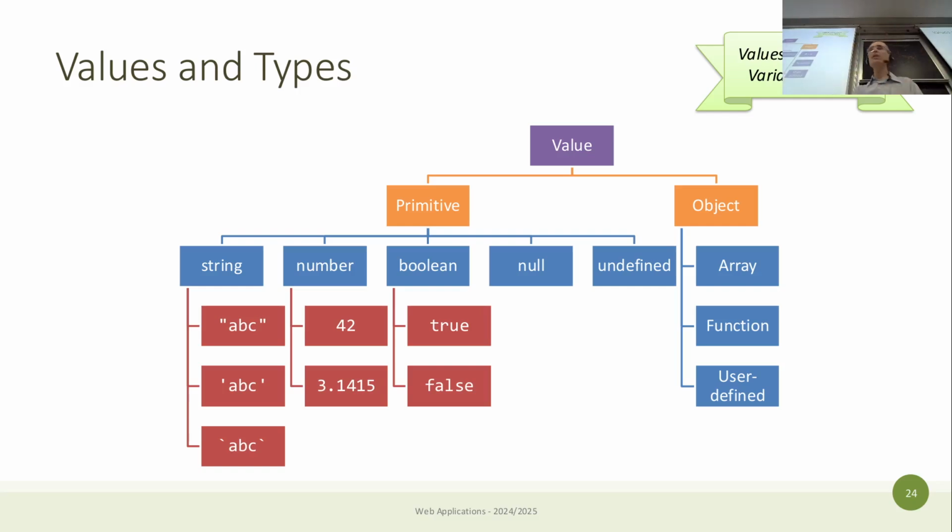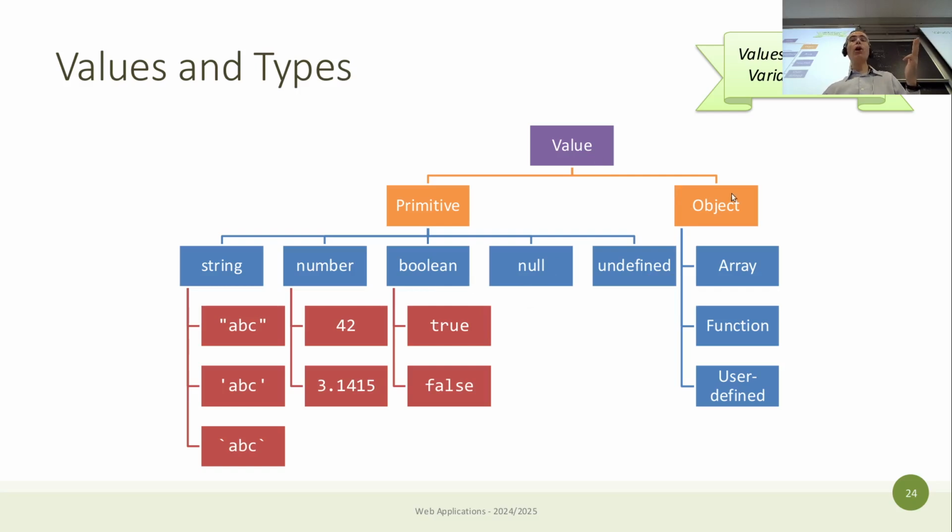Okay, and these are the types which are allowed in JavaScript. There are basically only 5 primitive values. 2 are very simple, those are the actual values, and the others are strings, numbers, and booleans. Okay, plus null and undefined.